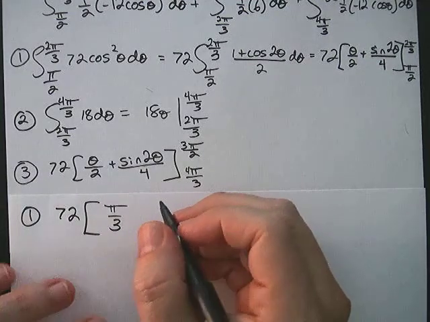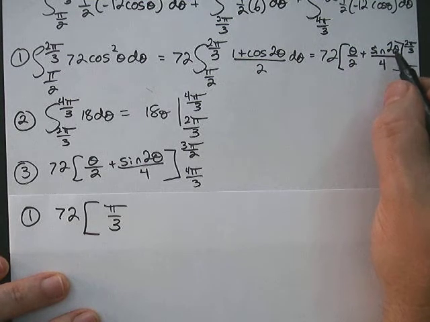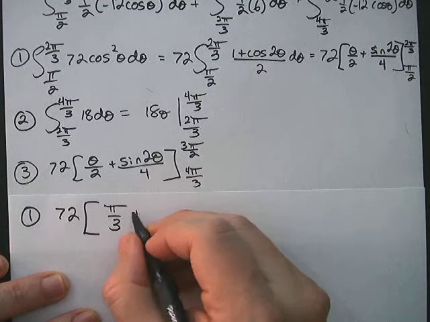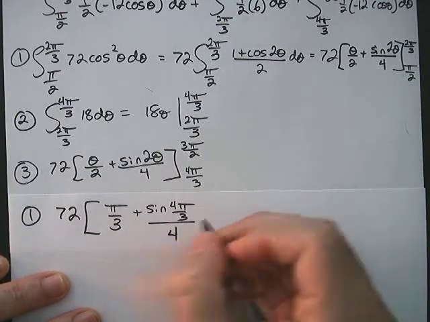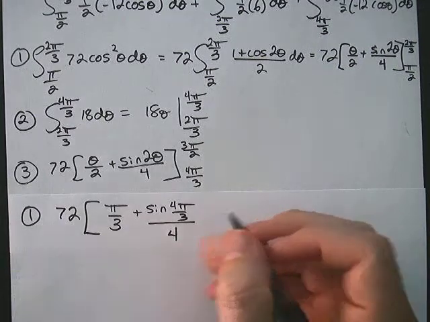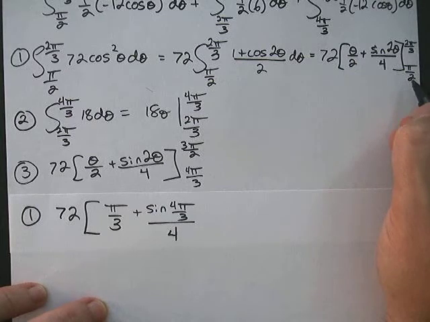Okay, and then when I put the 2 pi over 3 into sine 2 theta, I get sine 4 pi over 3 over 4. So plus sine of 4 pi over 3 over 4. Okay, and then do the lower integrations, which means I need to subtract.